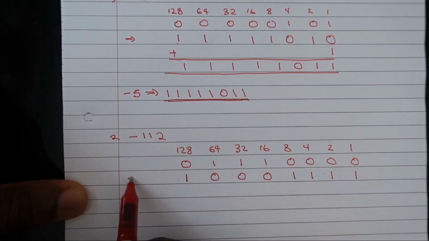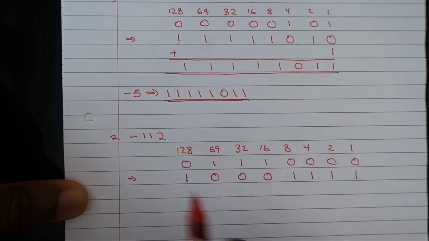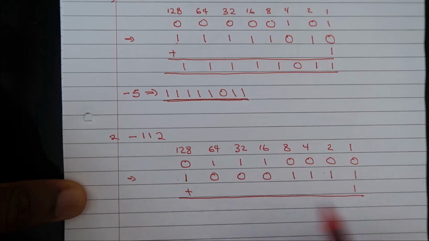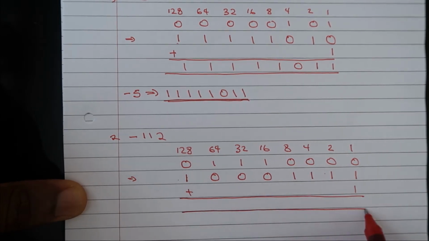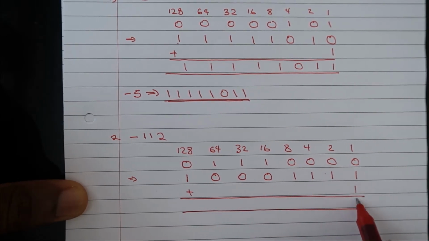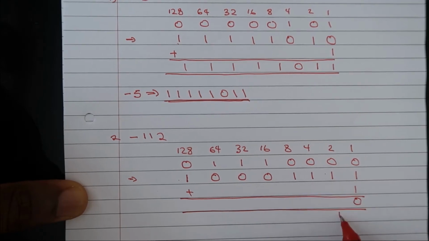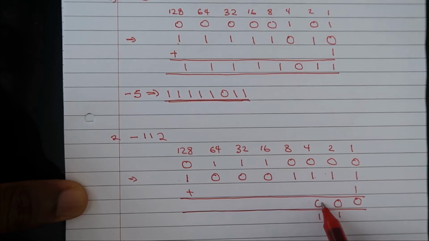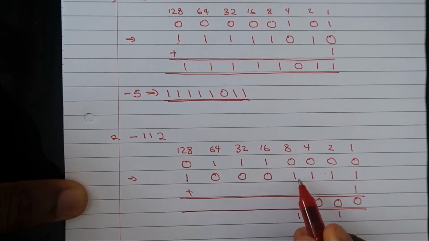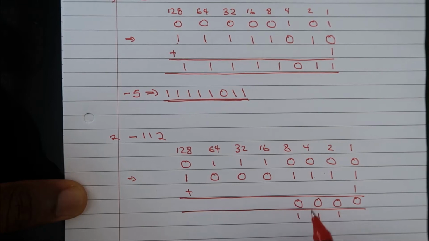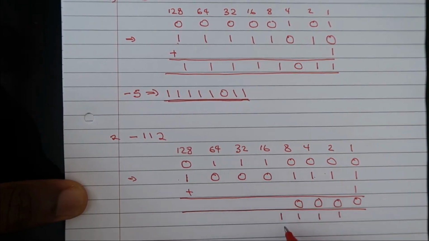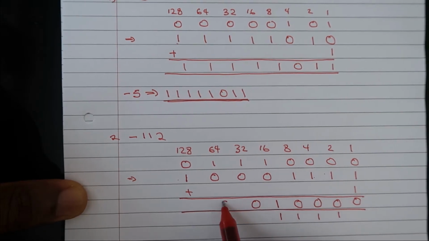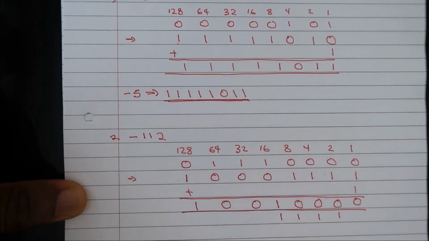So we're going to add 1 to this value. We will then have 1 plus 1 is 0 carry 1, 1 plus 1 is 0 carry 1, 1 plus 1 is 0 carry 1, 1 plus 1 is 0 carry 1, 0 plus 1 is 1, and then we have 0, 0, 1.